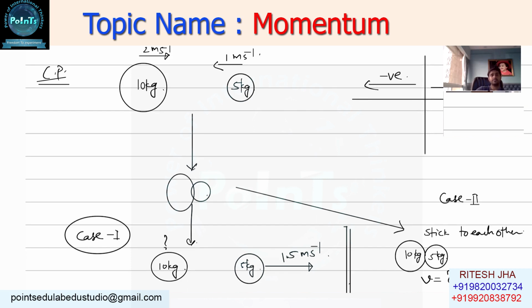Come on, do it. Case 1, the velocity of the 10 kilogram block is 1.75. You're saying 1.75, is it? On the right hand side, left hand side? It's to the left, so it should be negative. My bad. Are you sure? In case 1, right? Oh, I messed up my algebra.